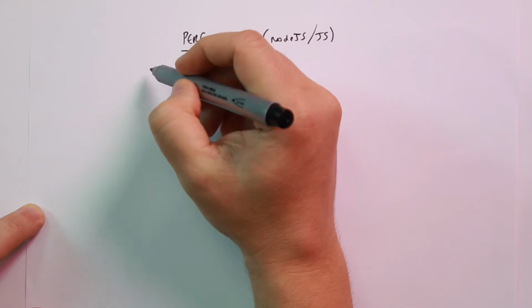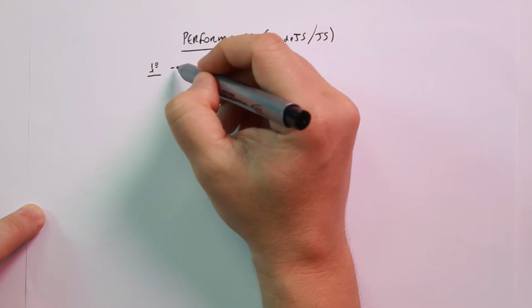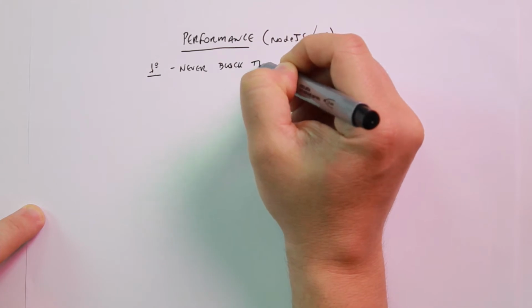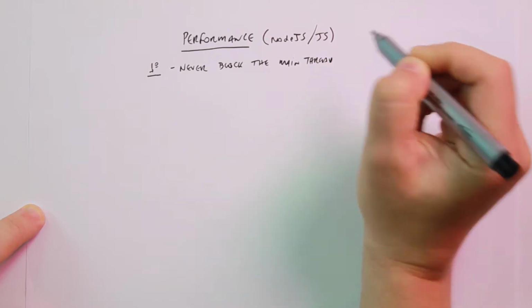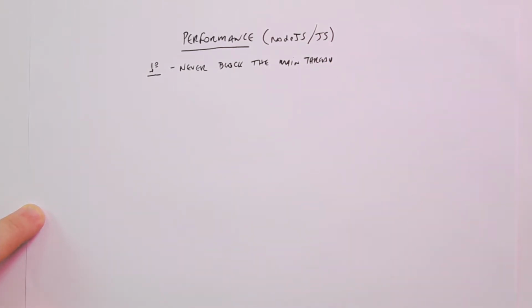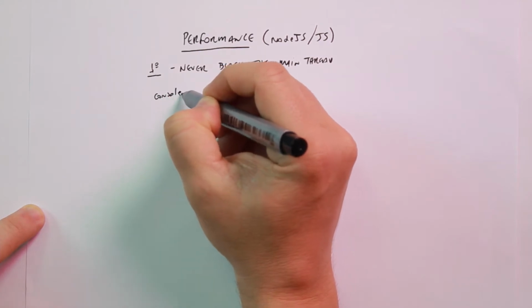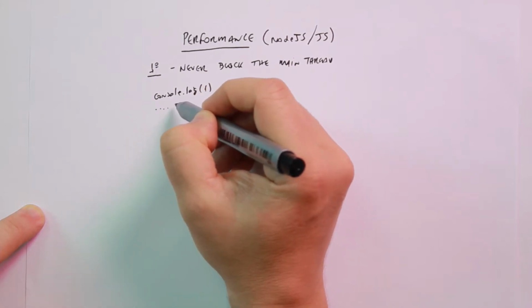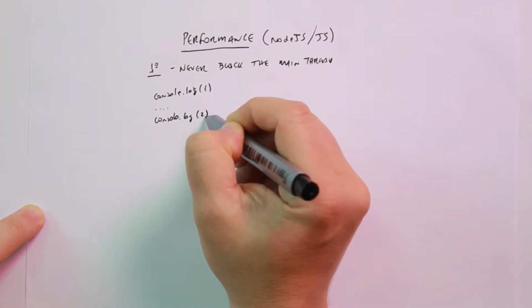So first thing, and it's almost like a golden rule here: never block the main thread. Basically JavaScript, Node.js, etc. is single thread. So if we have, for example, one script with console.log 1, and later we do something here that takes time, and another console.log with 2.